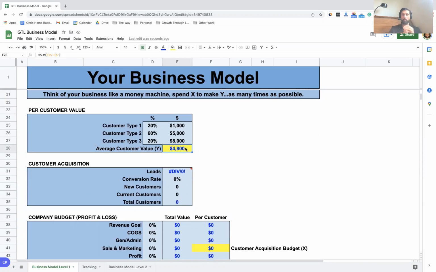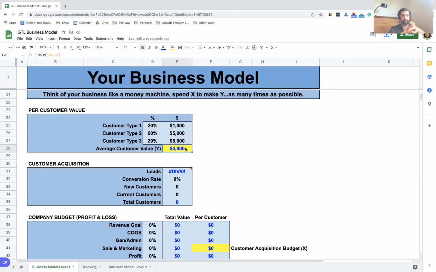Now let's talk about why this is average customer value. You can use this number however you want. This is a super simplified version, but some people might want to use this as customer lifetime value, or some people might want to use this as one year value. When you're building a customer acquisition system, it's really hard to build it off of the lifetime value of your customer.